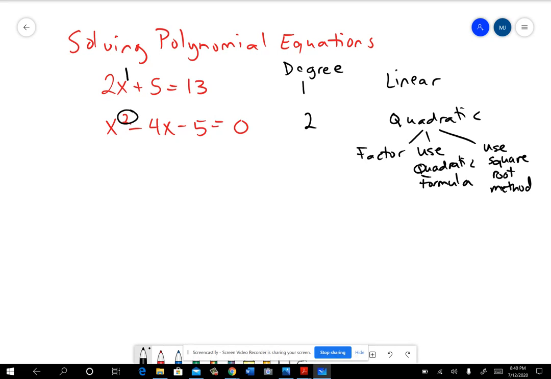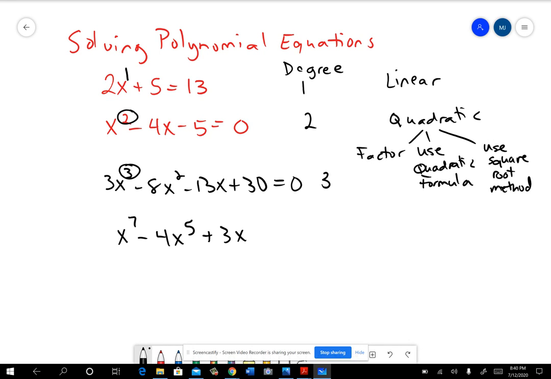What we're actually going to wind up learning how to solve are things like 3x to the third minus 8x squared minus 13x plus 30 equals 0, something like that, where the degree is bigger than 2. So the degree might be 3, or you might even have one like x to the 7th minus 4x to the 5th plus 3x squared minus 2 equals 0.